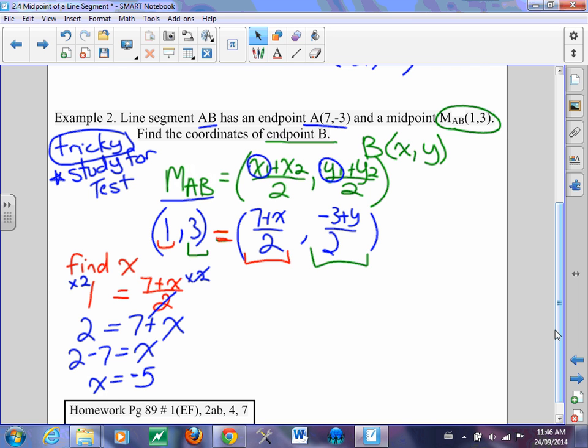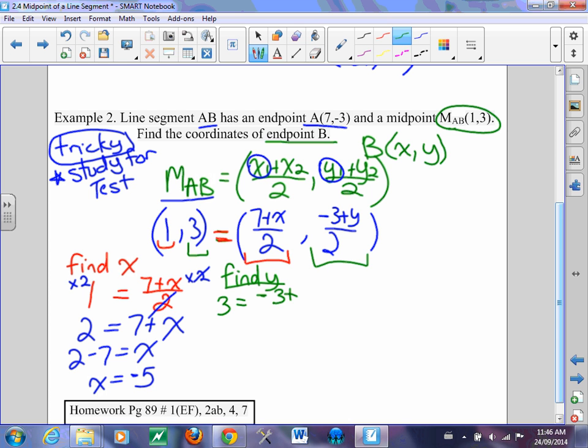Okay, let's find y now. Looking for y, we're using the y coordinates. So 3 on the left side, which is your y coordinate on the left, equals what we have for the y coordinate on the right, which is (-3 plus y) all divided by 2. So again, we want to cancel the denominator. Currently, it's divided by 2, so you're going to times by 2 for both sides.